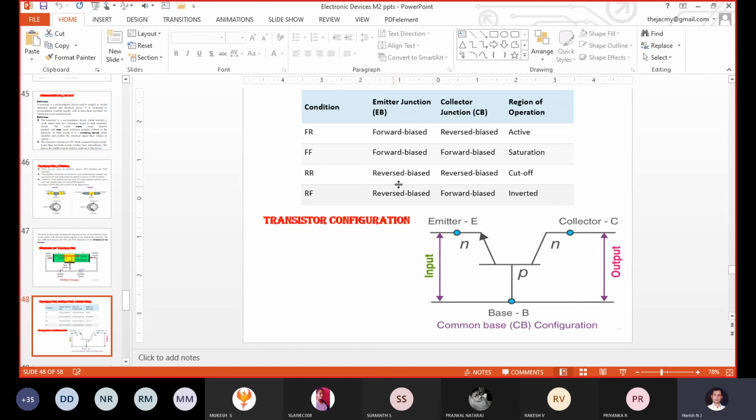Correct. At the same time, when both the junctions become forward bias, that condition we call the saturation region. At the same time, when both the junctions become reverse bias, this region we use for representing the cutoff region.